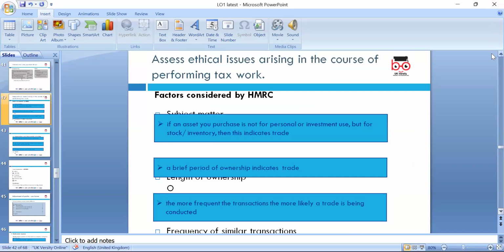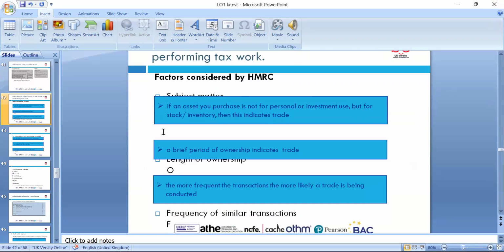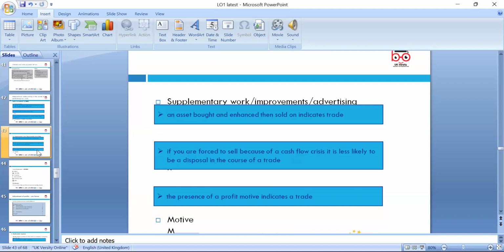Capital gains tax, yes. Assess the ethical issues that arise in the course of performing the tax work. Factors considered: if the asset you purchase is not for personal or investment use, but is stock or inventory, then it indicates a trade. Briefly, the period of ownership indicates this, and more frequent transactions are likely to be a trade. The frequency and similarity of the transactions which we need to declare.